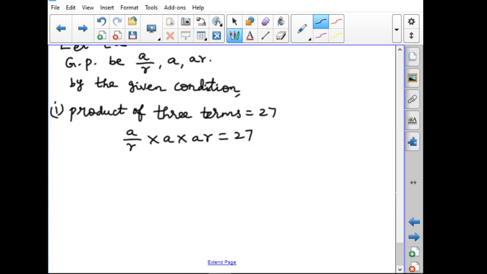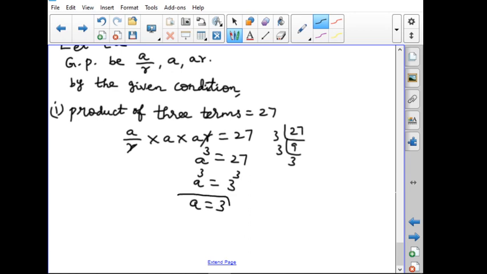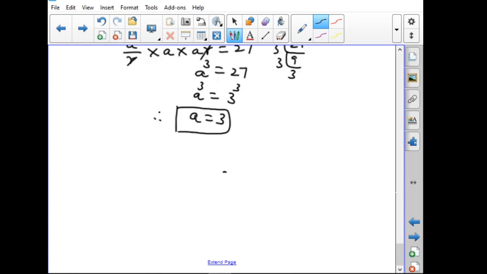R will be cancelled, and multiplying A into A into A we get A cube equal to 27. 27 we can write as 3 power 3. The power is the same, so we consider the base. So A equal to 3. Therefore, A equal to 3.